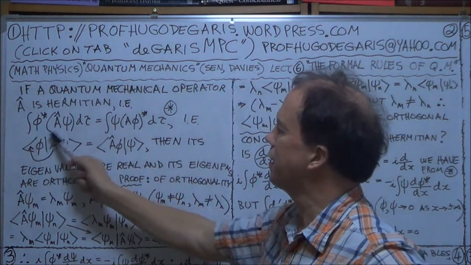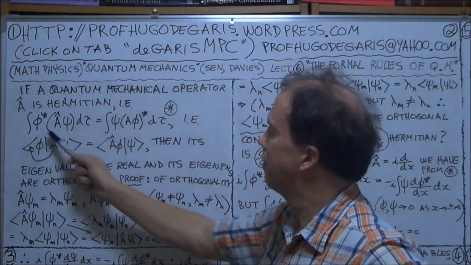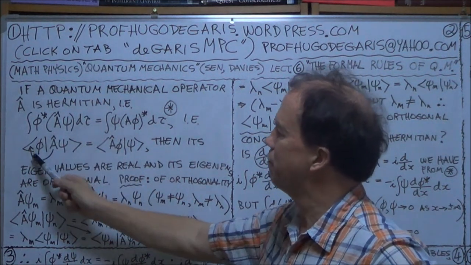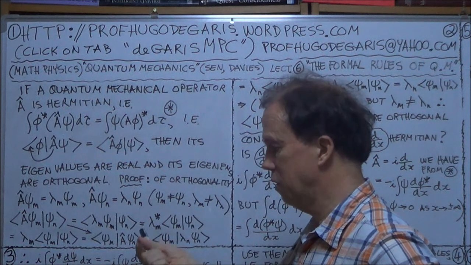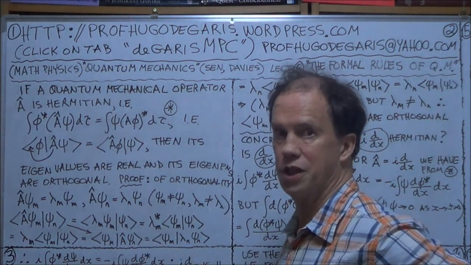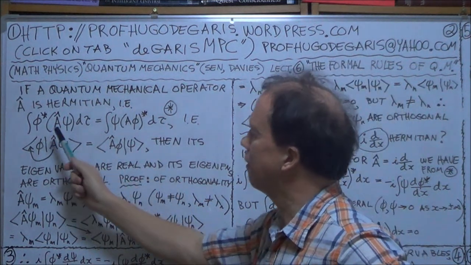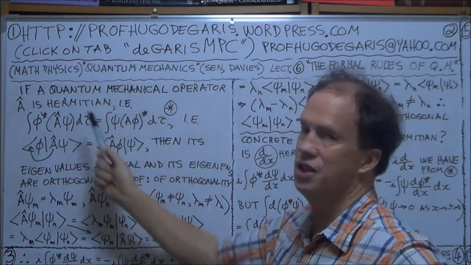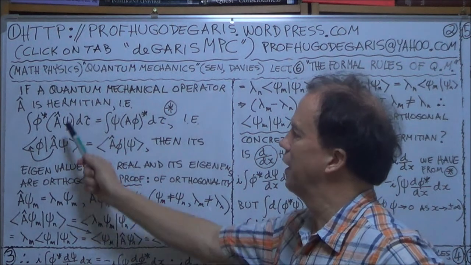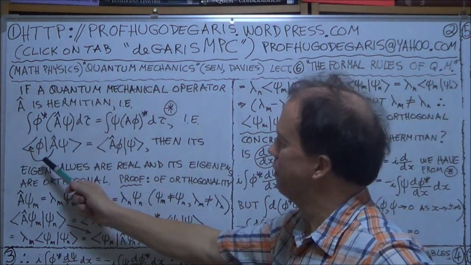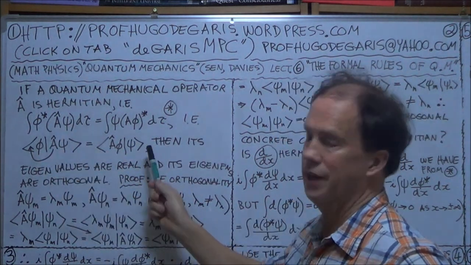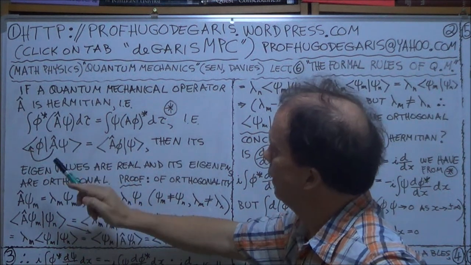Now you can rewrite these integrals in terms of brackets, in the Dirac bracket notation. And in some ways it's easier to remember the condition for A hat to be Hermitian, because it's more compact. But have a look at what's happening.